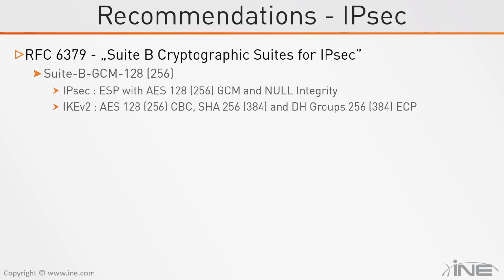And now elliptic curve modulo a prime, this is essentially one of the variations of elliptic curve functions, in this case for Diffie-Hellman, which is more efficient than the other one. So this is why they call it ECP.